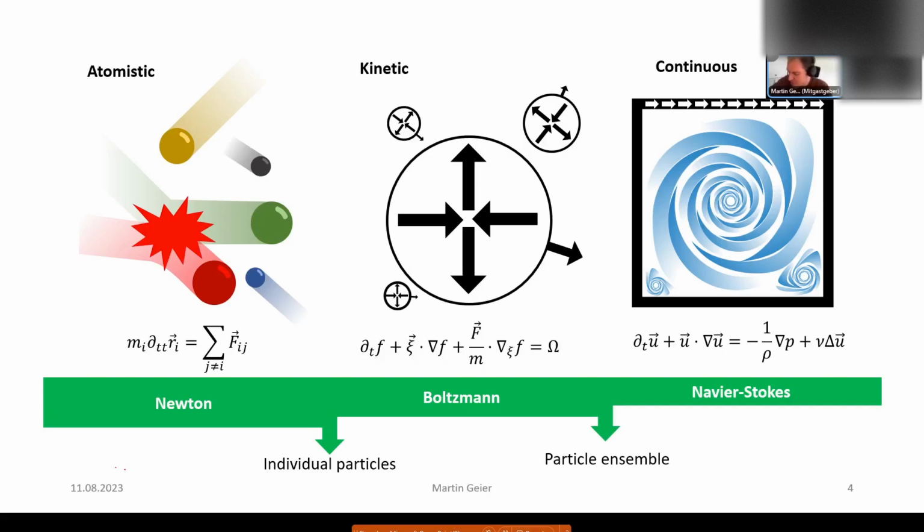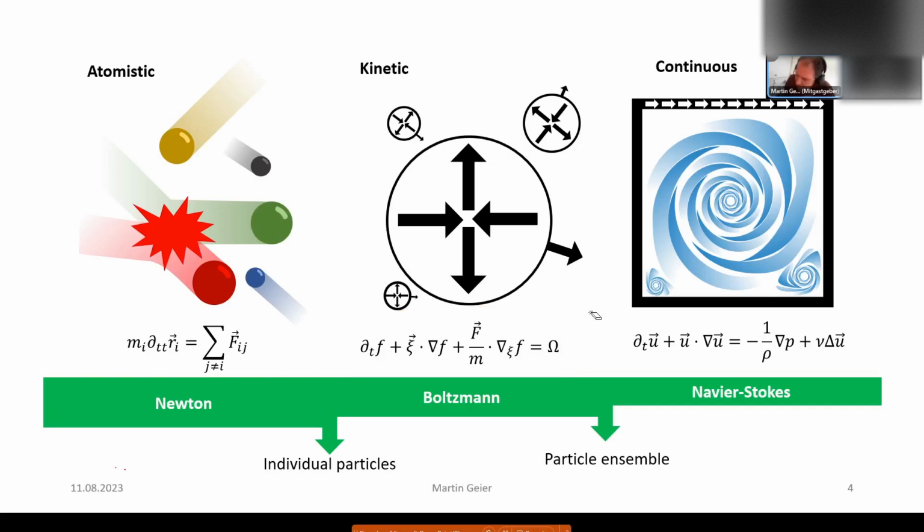And what many of you, or maybe all of you, probably do is continuous fluid dynamics. So you're solving the Navier-Stokes equation. This is, so to speak, the other end of the spectrum. And in between, we have something else, which is gas kinetics.